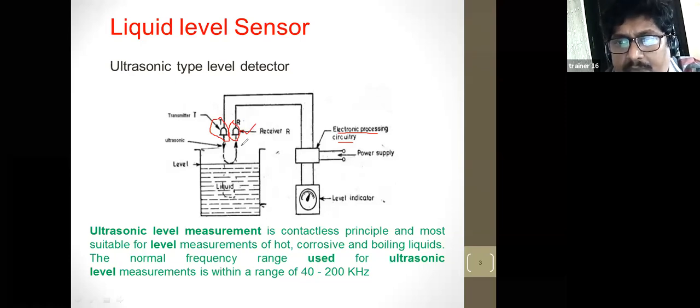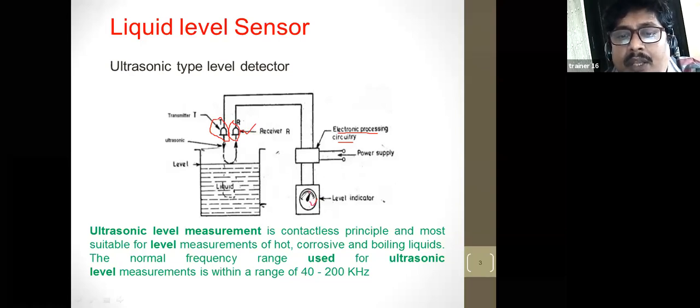That is the time period. Time plays the role here. Within this particular time period, the receiver receives the ultrasonic waves.